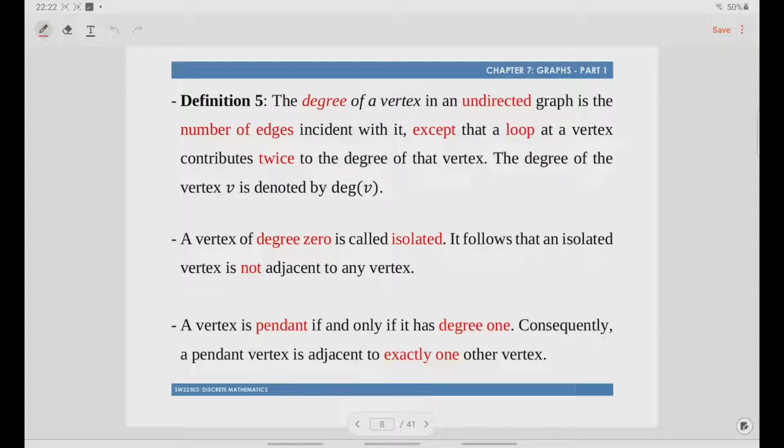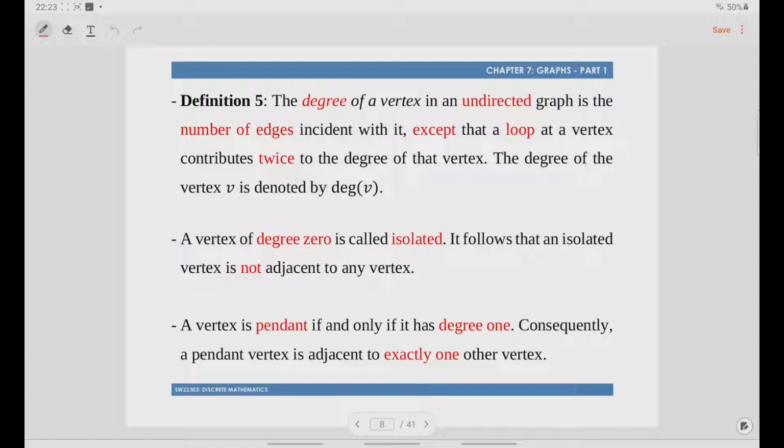The degree of the vertex V is denoted by deg(V).